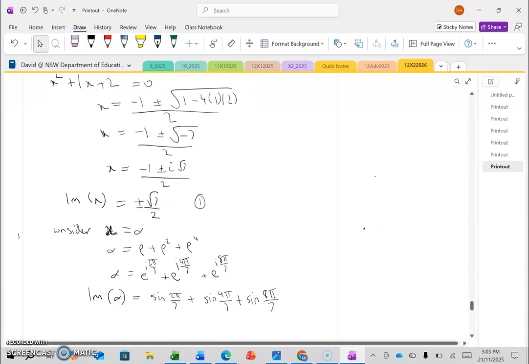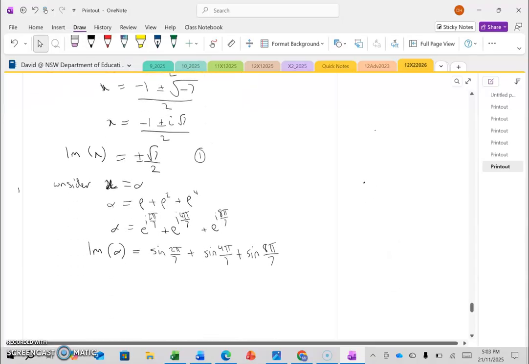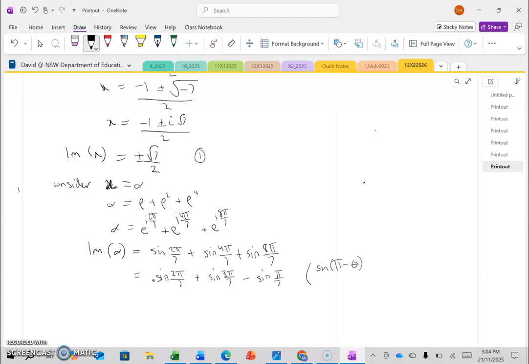Sine 2 pi on 7, well we've got 2 pi on 7, and the other one is sine 3 pi on 7, and that's the related acute angle of 4 pi on 7. So that's sine 2 pi on 7 plus sine 3 pi on 7 minus sine pi on 7. I'm just going to quote what I've used: sine of pi minus theta is equal to sine theta, and sine of pi plus theta, that's the third quadrant, is minus sine theta.